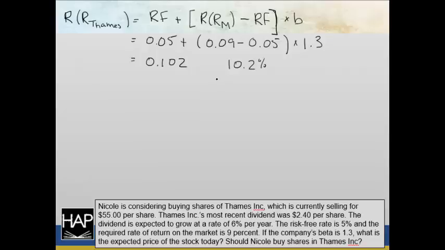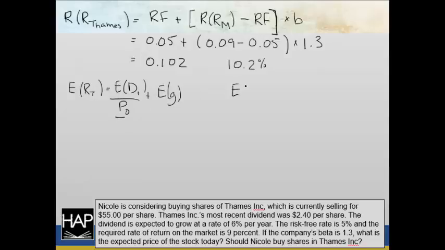price of this stock. In the constant growth model equation, the base equation is that the expected rate of return on the stock, in this case Thames Inc., is equal to the expected dividend payment, the next one, over the price of the stock plus the expected growth rate. Since we're looking for the price of the stock, we're going to rearrange this equation.